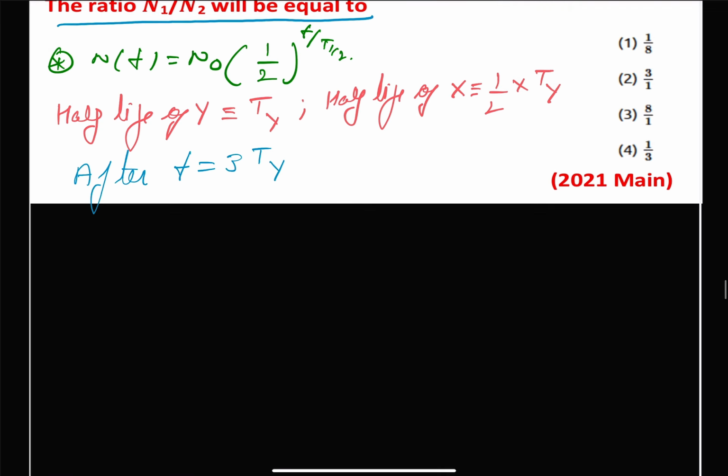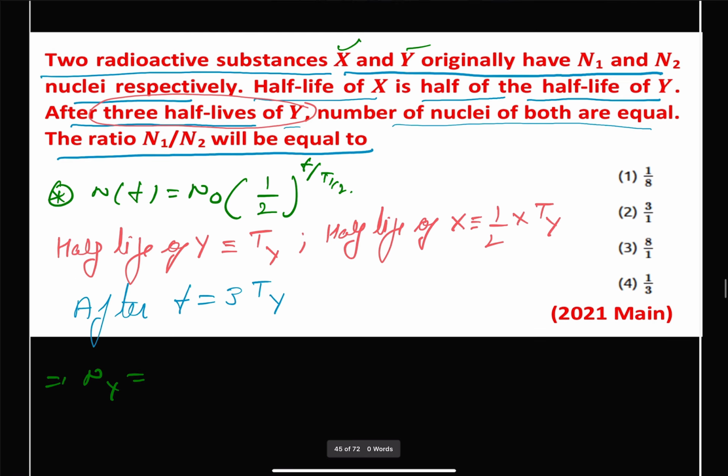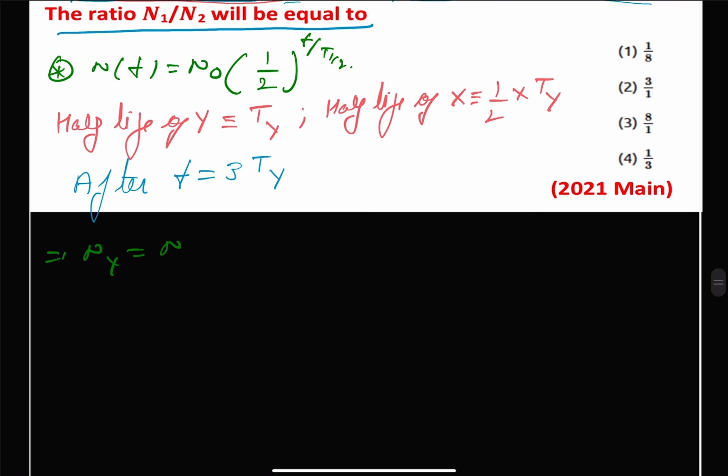Ny will be equal to N2, because initial is N naught in the general formula, but specifically here it is given as N2, into 1 by 2 raised to power 3 Ty upon its half-life Ty. So Ty cancels out, and this will be equal to 1 by 8 times N2.